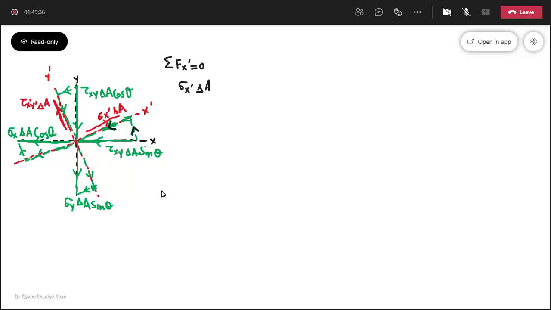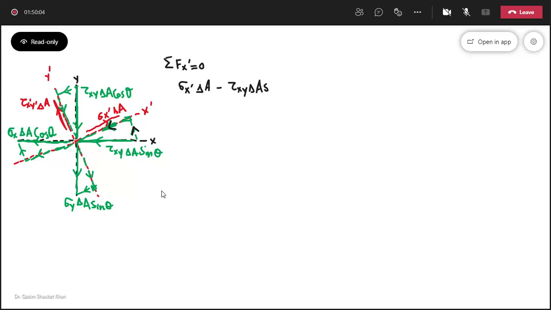This is acting away from the x-axis, so this will be negative: minus tau xy delta A sin theta into the component.